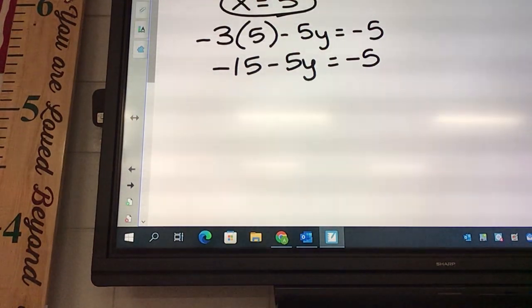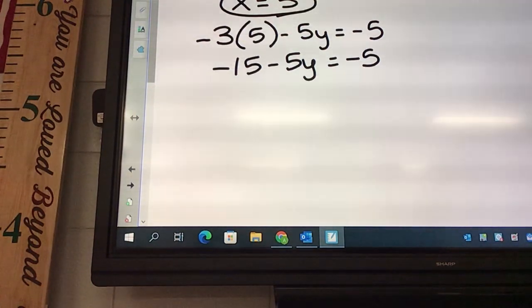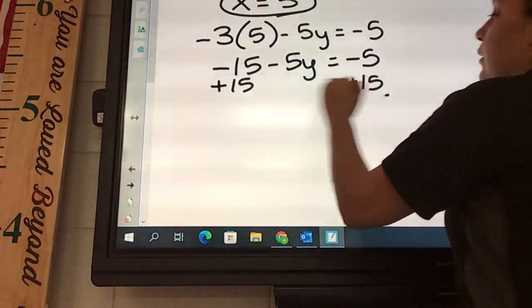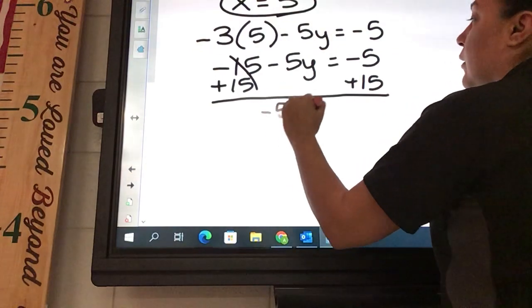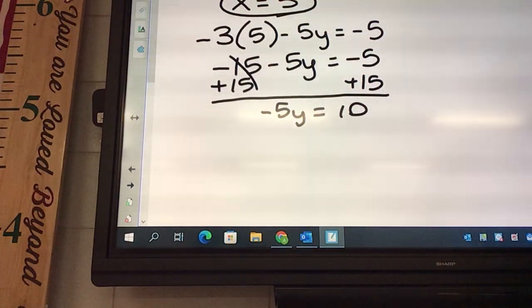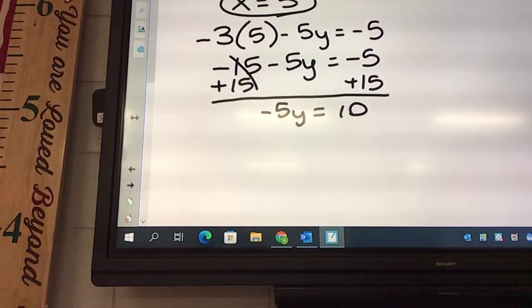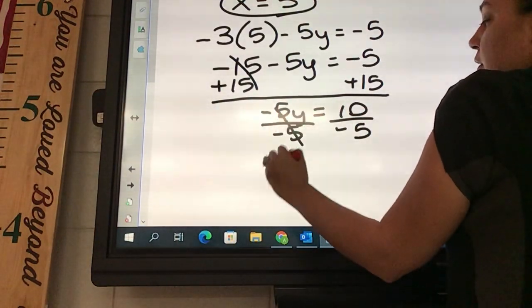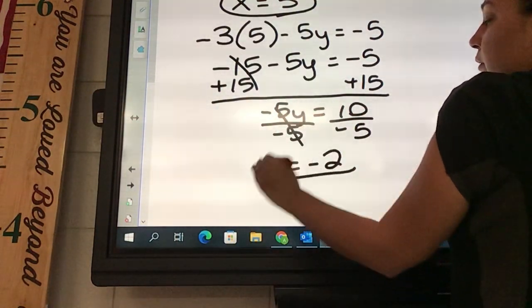Okay, and then what do we do? Add 15. Okay, and then lastly, what? Divide by negative 5. So you get y equals negative 2.